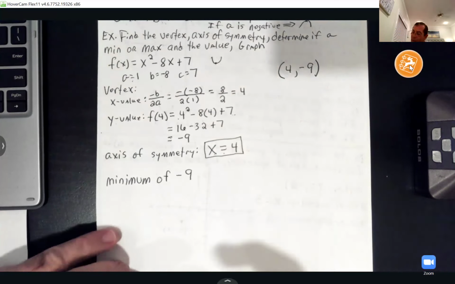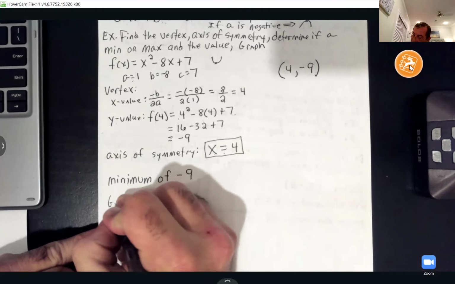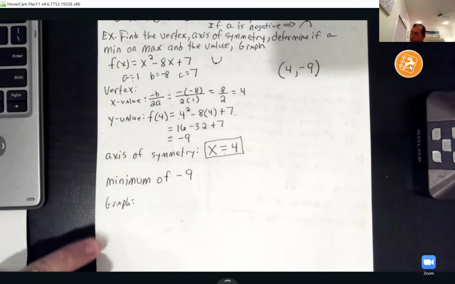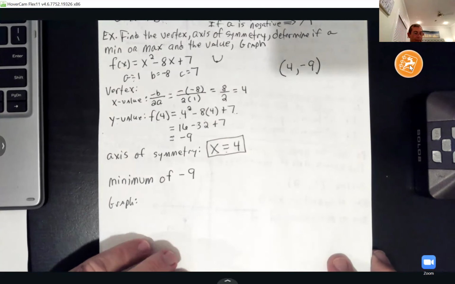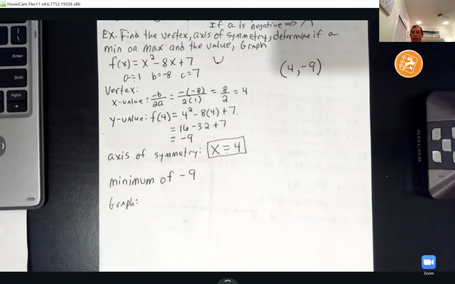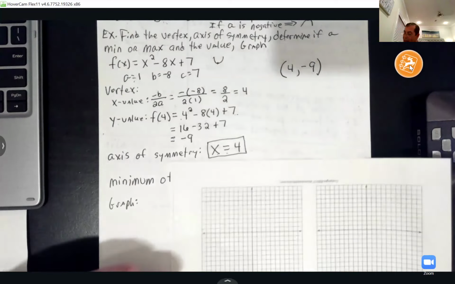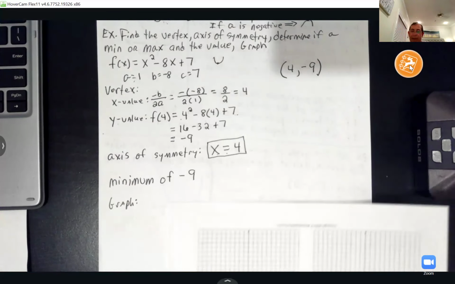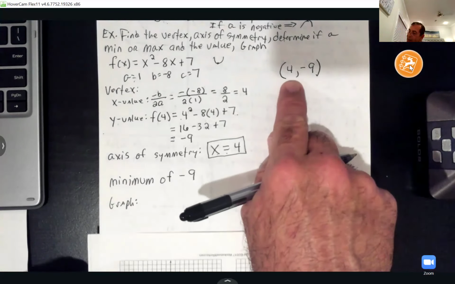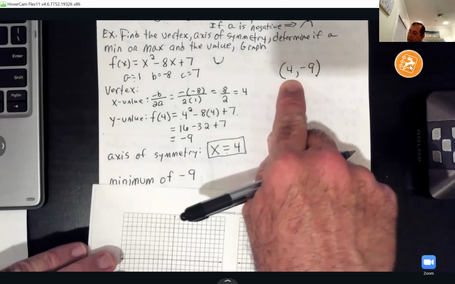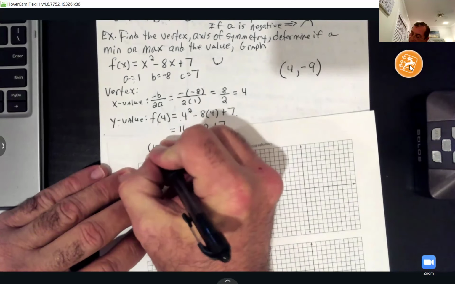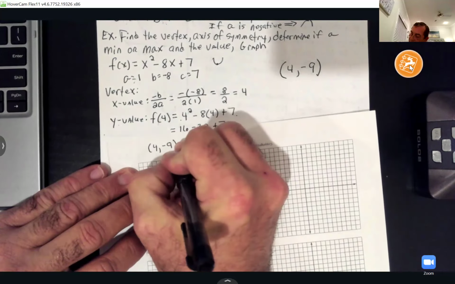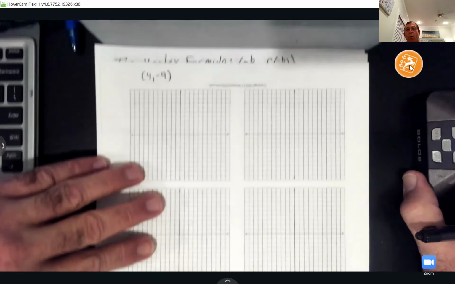Now comes the part where we graph. All right, so I might graph that on an actual graphing paper here, okay? So the only point I got at the moment is my vertex, 4, negative 9. So I'm going to need a couple more points, y'all.